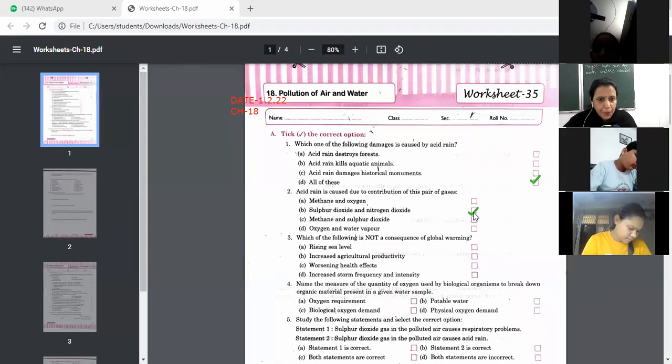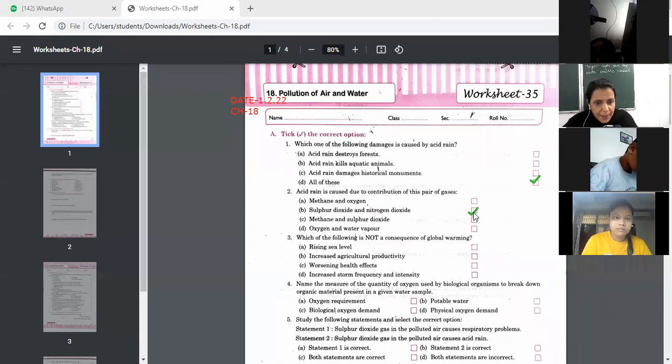Number 3, which of the following is not a consequence of global warming? Not a consequence. So read it carefully. Rising sea level, increased agriculture productivity, worsening health effects, increased storm frequency and intensity.